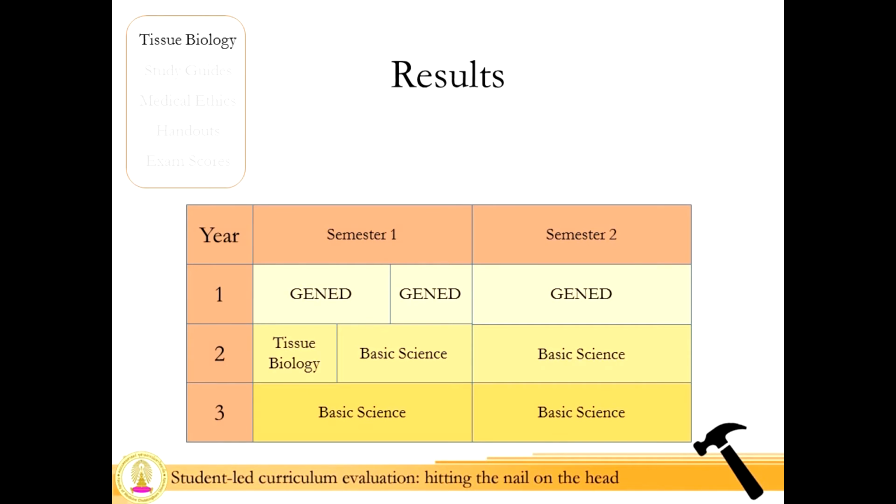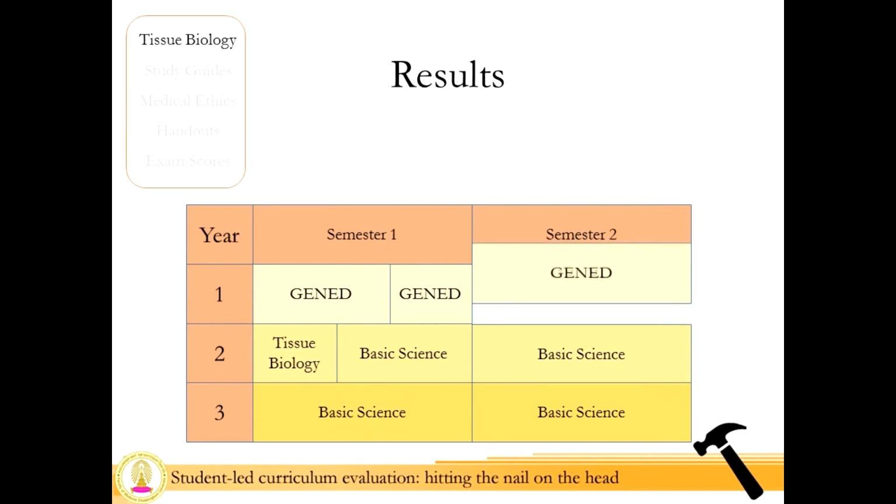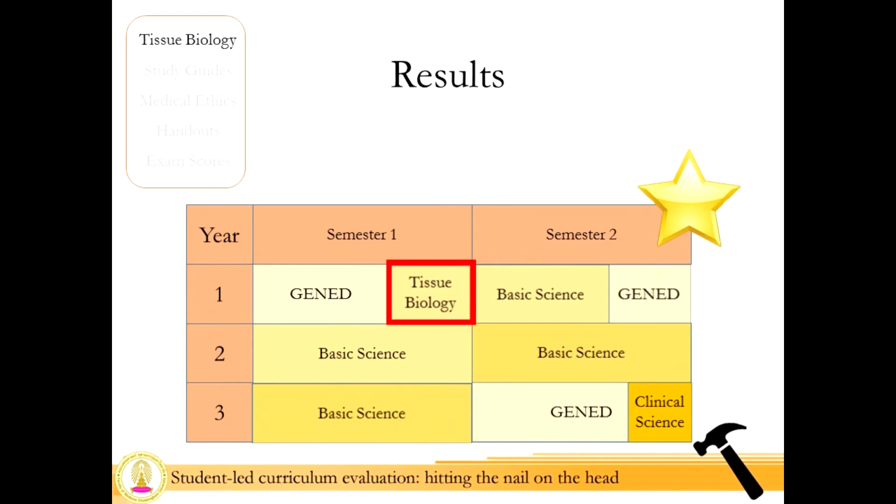The reason for this recommendation is that the curriculum in the second year is much more crowded than the first year. This issue is an example of student suggestions which teachers have been concerned about for quite a while. Once the teachers have the evidence that the students share the same concern, it results in the move of courses from the second year to the first year in the next curriculum development.